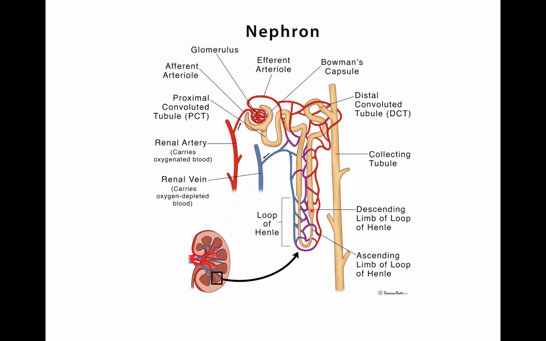This part of the DCT is called the macula densa. So actually this DCT comes very close to the Bowman's capsule. The DCT goes through the cortex and then continues as a connecting tubule and finally opens into the collecting tubule. The epithelial cells of the distal convoluted tubule are cuboidal and they have very few microvilli.